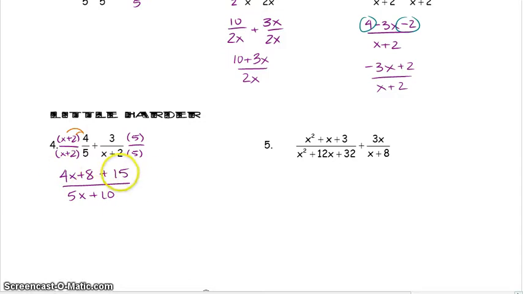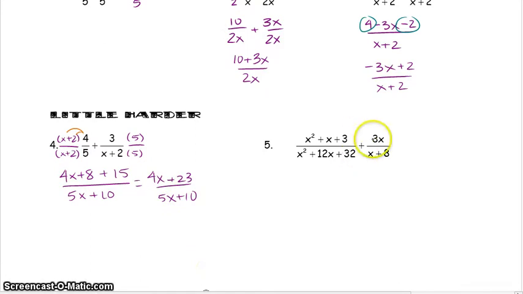Then let's see, can we simplify this? Well, yeah, we can combine our 8 and 15. That would give us 4x plus 23 all over 5x plus 10. Now we could have also left this as 5 times x plus 2, but in this case it didn't really matter. So this would be our final answer.